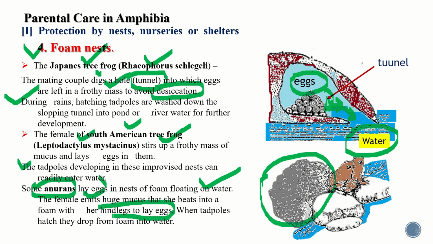So the female, by beating with the hindlimbs, forms a foam by the secretion. They form a foam nest, and in that foam nest the eggs are hatched and tadpoles are released, and the developed tadpoles are then released into the water body.